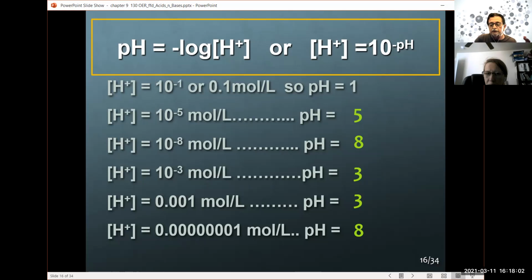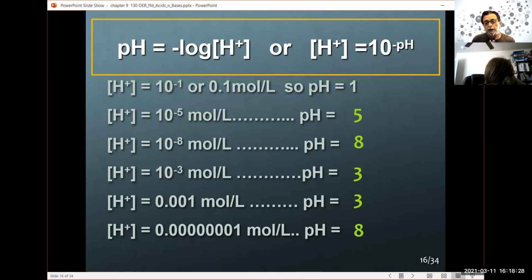It's the log, specifically the negative log of the concentration of the proton. Okay, a specific concentration that we call molarity, which has units of moles per liter. We will talk more about moles as time progresses. That's a very important concept also, moles.